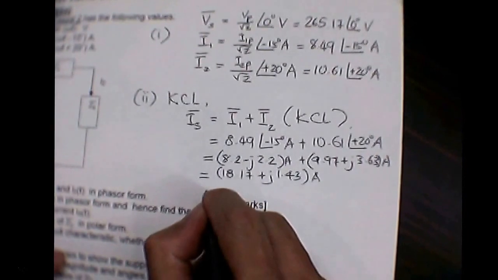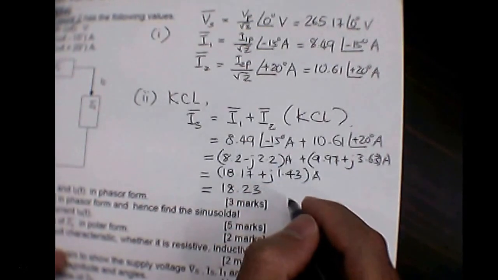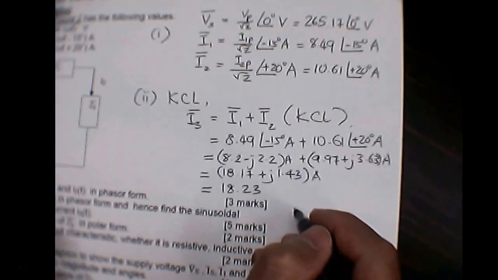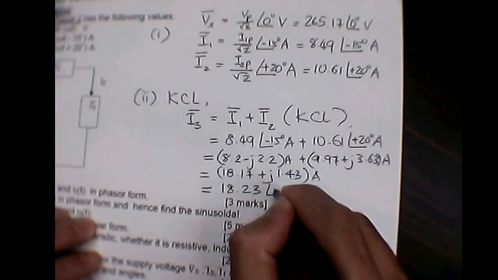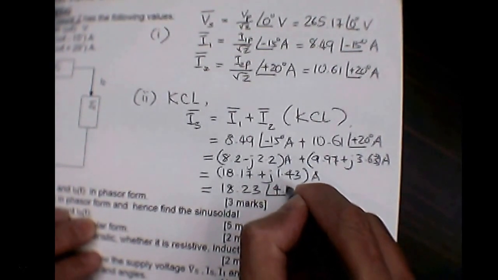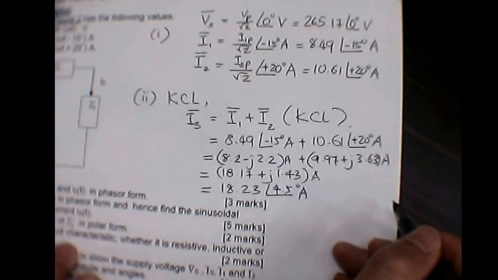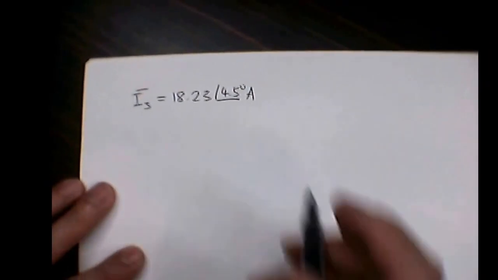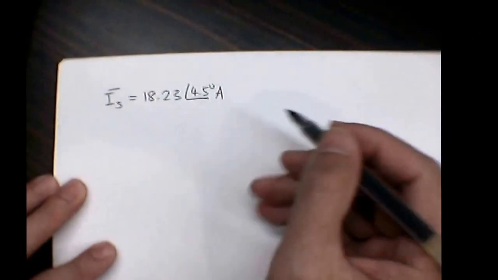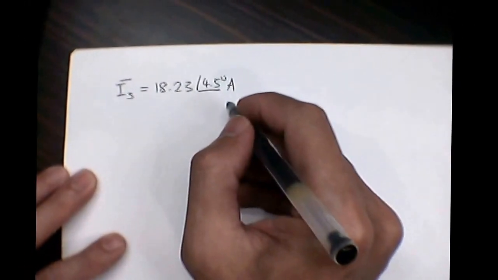Now, this gives us 18.23 at an angle of about 4.5 degrees in polar form. Previously we calculated the total current as 18.23 amps at an angle of 4.5 degrees.